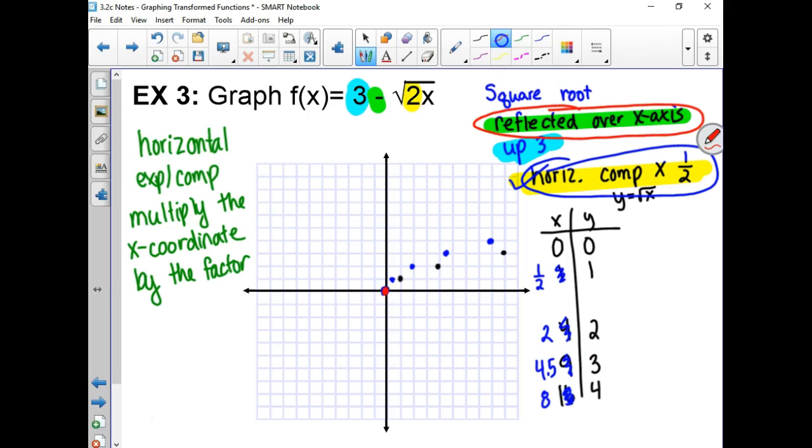So (0, 0) stays where it's at. (1/2, 1) becomes (1/2, -1). (2, 2) is (2, -2). (4.5, 3) is (4.5, -3). And (8, 4), which is an optional point anyway, is (8, -4). So just flip all of those blue points upside down. So we've taken care of that.